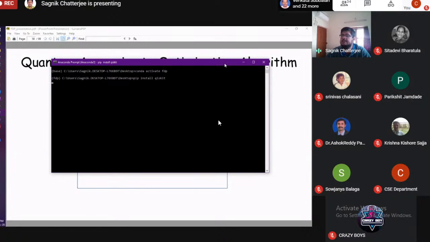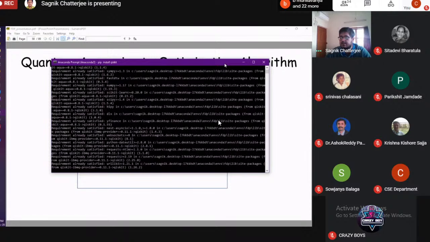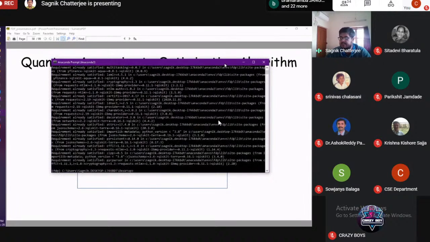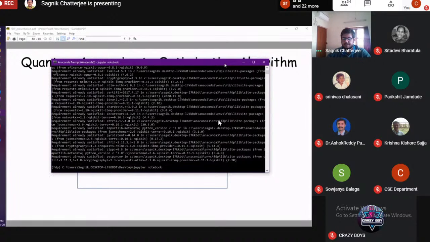It's as simple as that. In my system, it will already show that it's installed, so that won't be a problem. So now Qiskit is installed. Now we open up a Jupyter notebook and we get to coding.